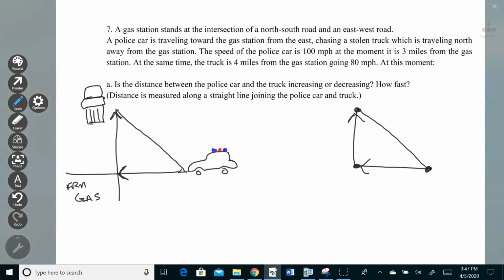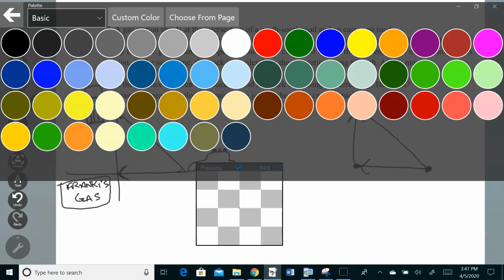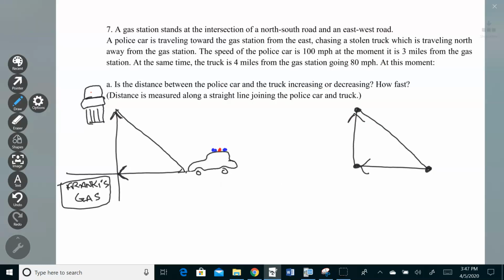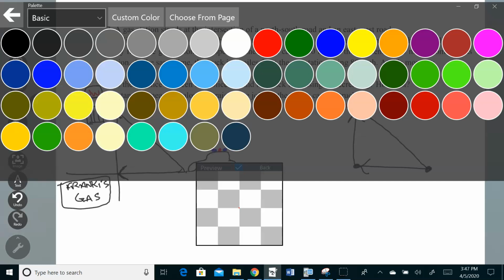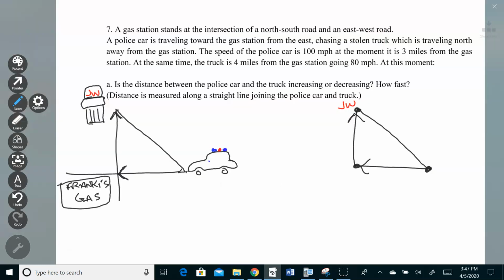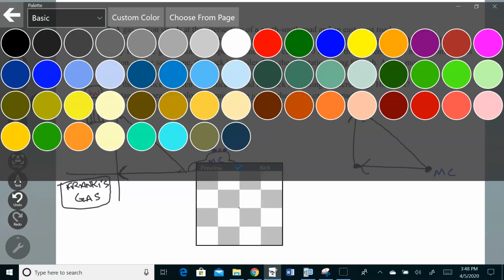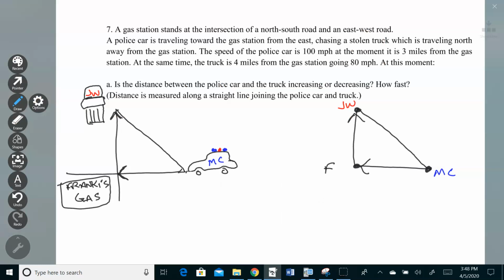We'll call it Frankie's gas station, and the truck is being driven by Jack Wren, and the police car is being driven by Matt Christopher. So this is our scenario.